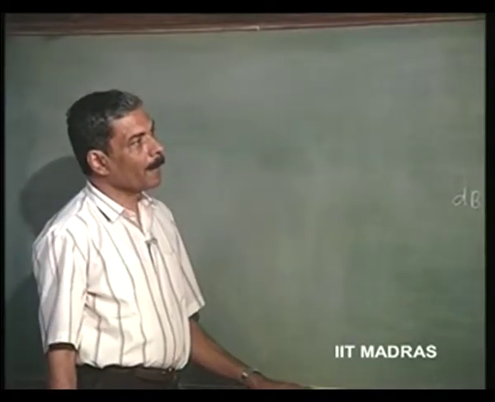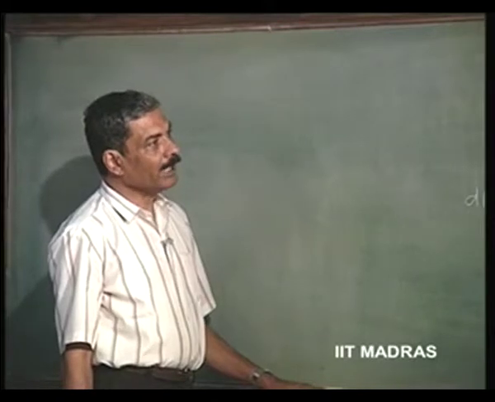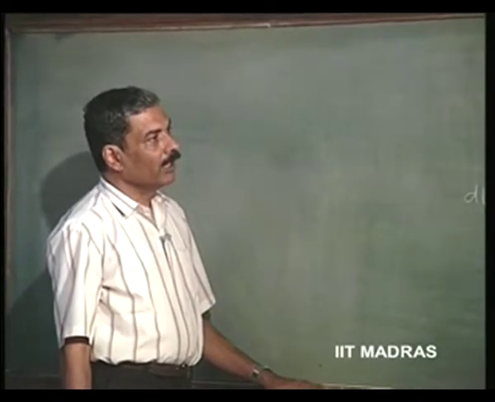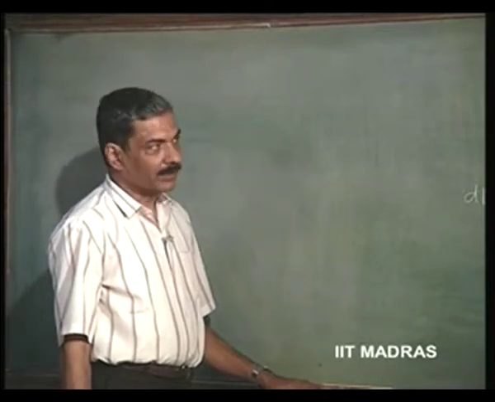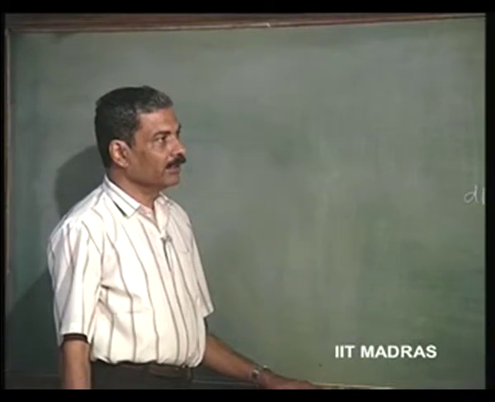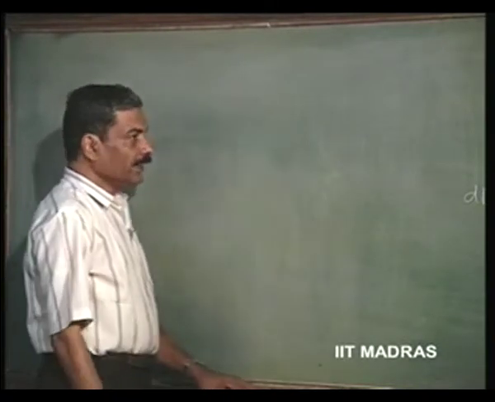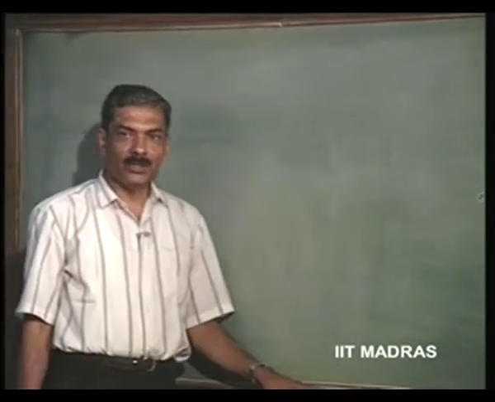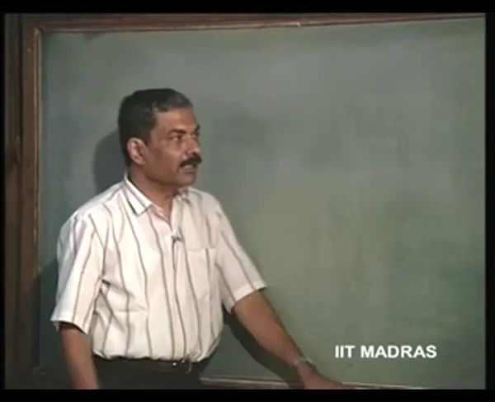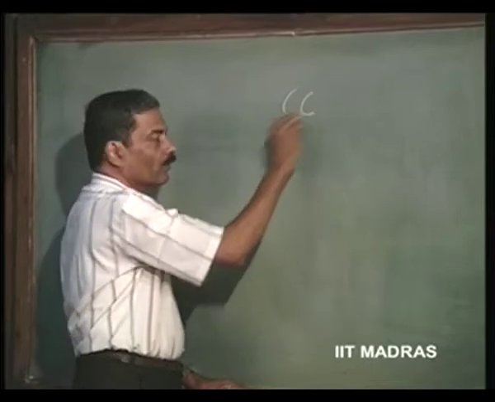Now, I would like to at this juncture introduce you to other types of amplifiers. This is not the only type of amplifier existing. Obviously, we just said it could be voltage controlled voltage source. Instead, it could be current controlled.